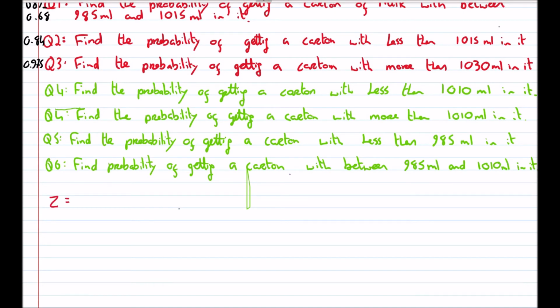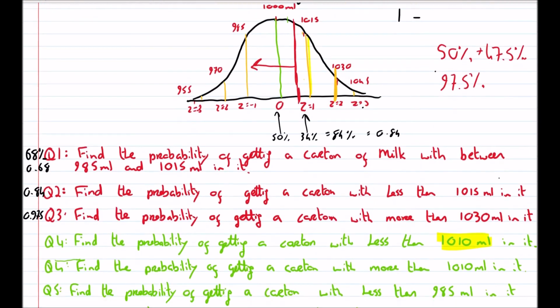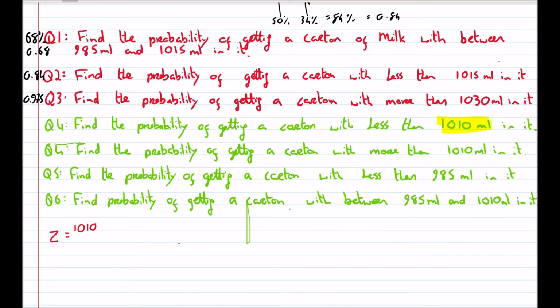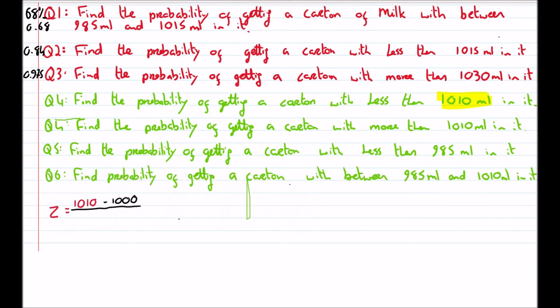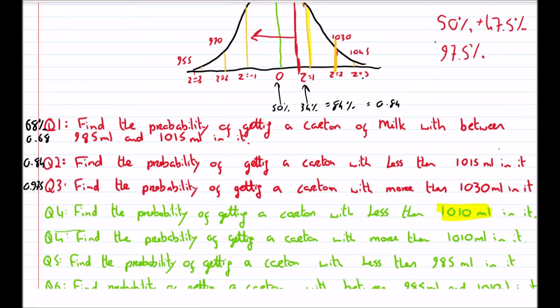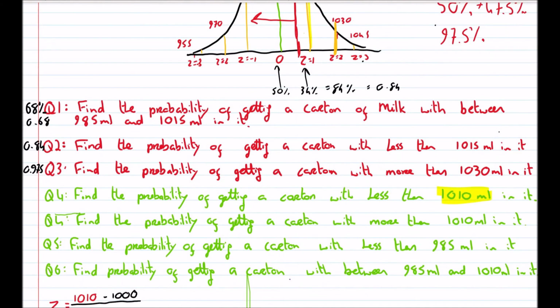So z equals the score, which is 1010, minus the mean, which was 1,000, all over the standard deviation, which was 15.